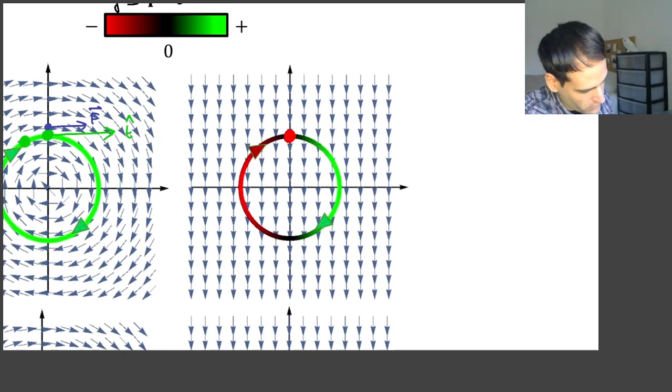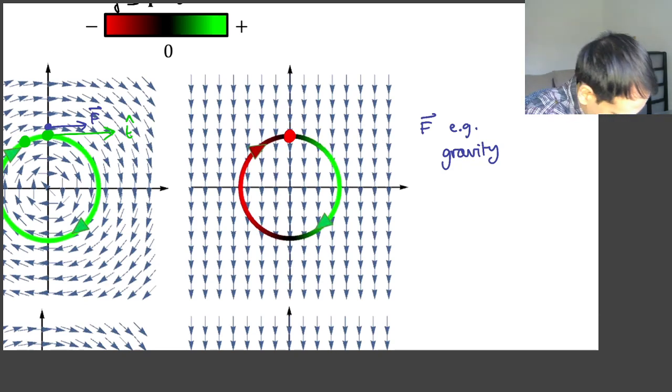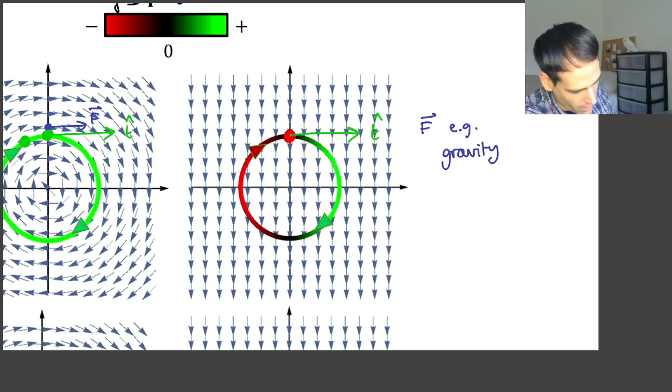In this other case, we could say that this could be gravity, for example, the force of gravity pointing downwards. And now we are moving a mass over a certain circle, a closed loop. So at each point we can define, for example, when we are here, our tangent unit vector t hat as horizontal, while our force is vertical.